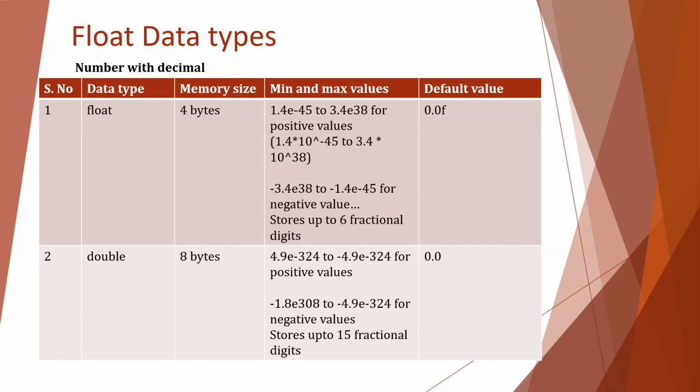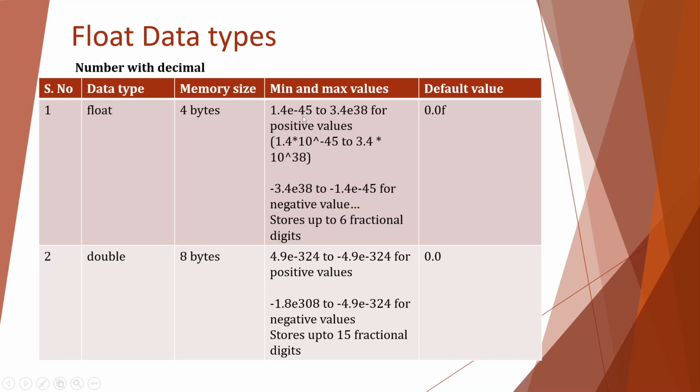Similarly, there are some min and max value ranges also. 1.4e minus 45 to 3.4e 38 for positive values. For negative values, minus 3.4e 38 to minus 1.4e minus 45.